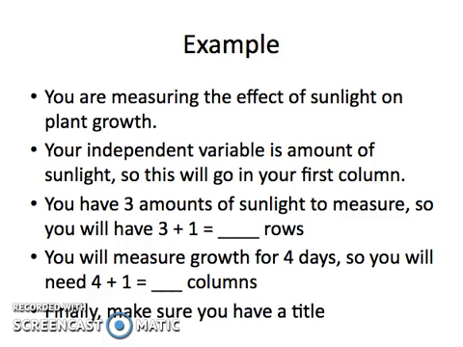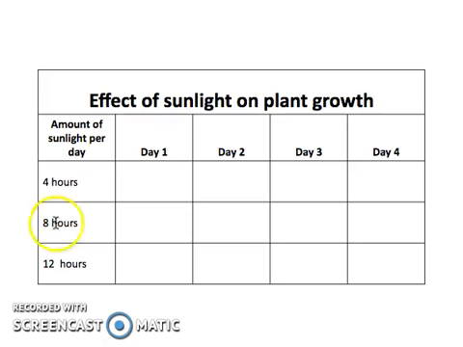Okay, so these are going to be our columns. So in order to figure out number of columns, take your number of measurements, in this case 4, add 1, you need 5 columns. Okay, finally you're going to make sure you have a title. So if we're looking at our graph here, we have 3 plus 1 rows, right? 1, 2, 3, 4, and we had 4 plus 1 columns.